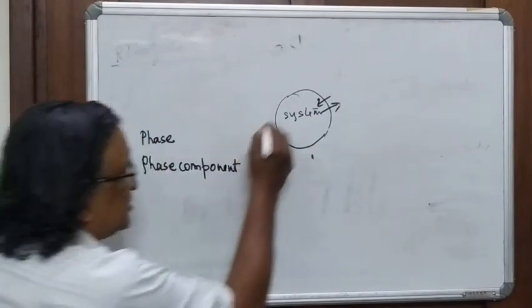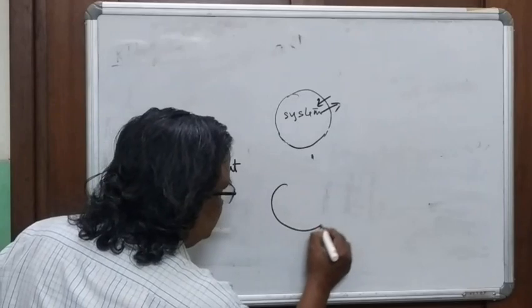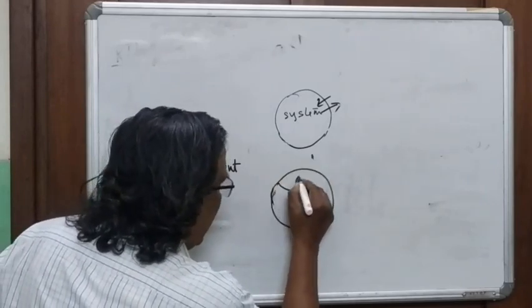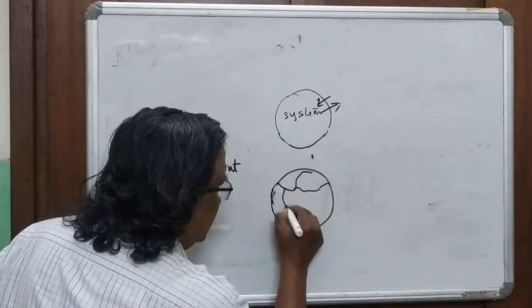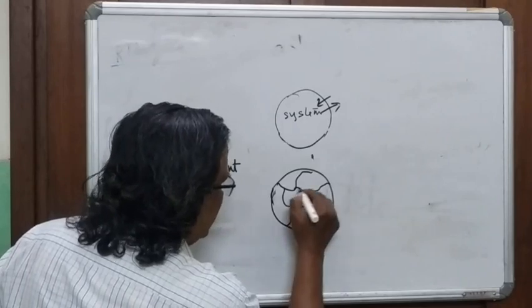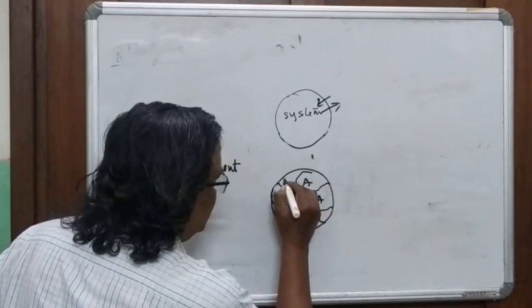Now, if you take a system which is your rock, you have different minerals. Let's say we take two.